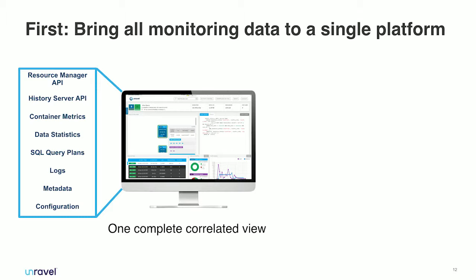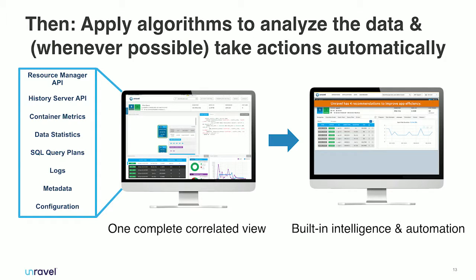When you get this data, you need to store it in some kind of central place where you can run built-in intelligence and automation so that you can detect when a problem arises, understand what the root cause is, and then take the necessary action.